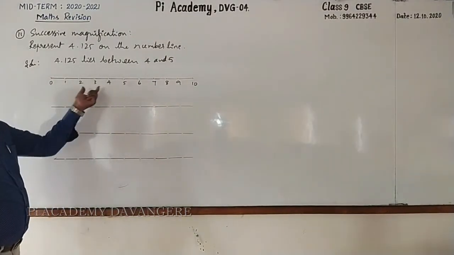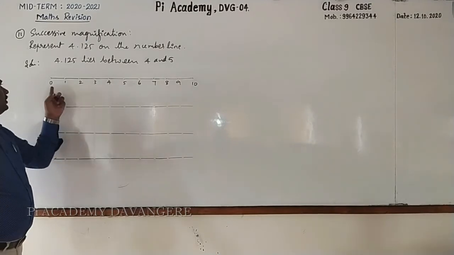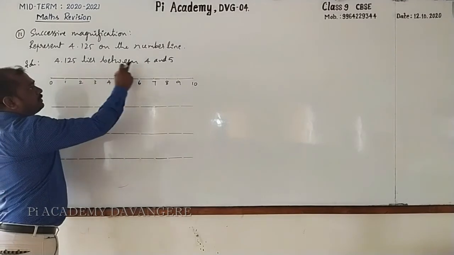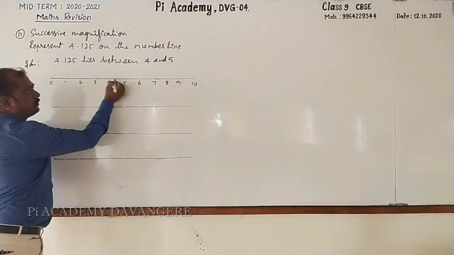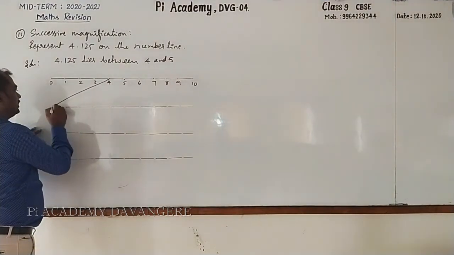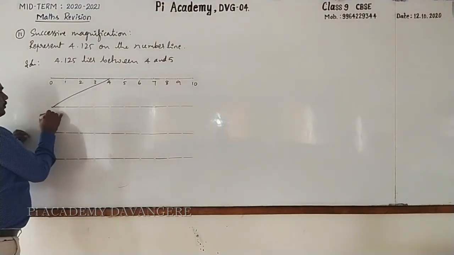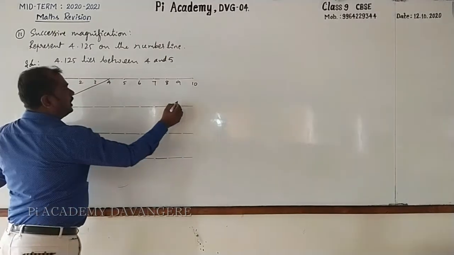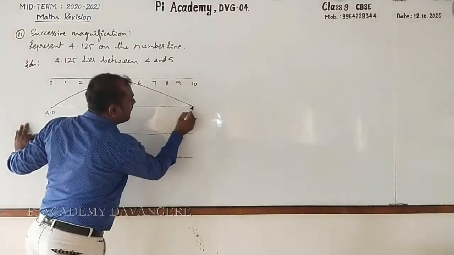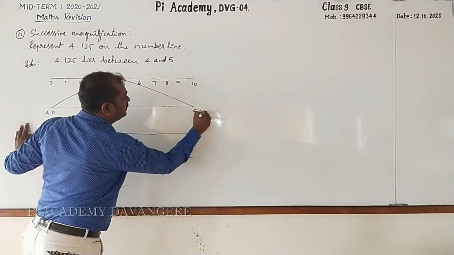For every 1 centimeter I have marked, so 0 to 10 is written. This number lies between 4 and 5. I take this as 4 and this as 5. Using a scale and pencil, you have to draw the line like this. This is 4.0 and this is 5.0.